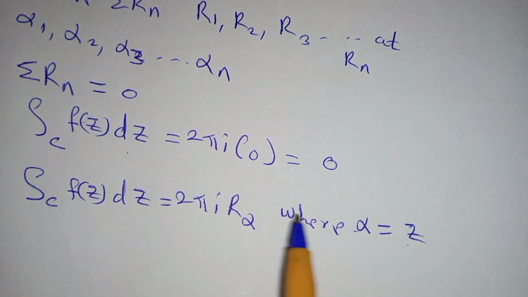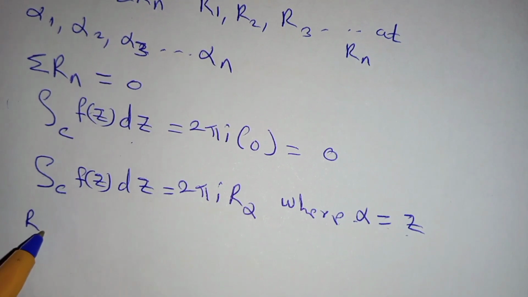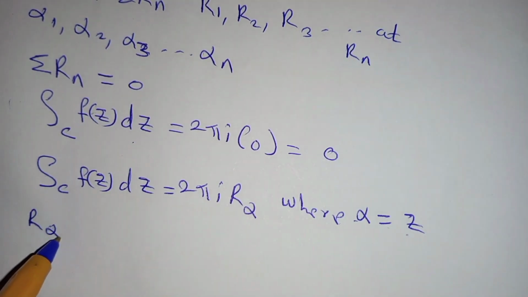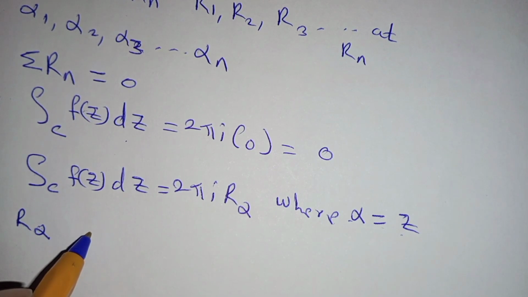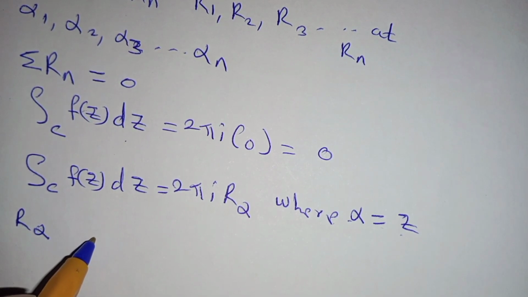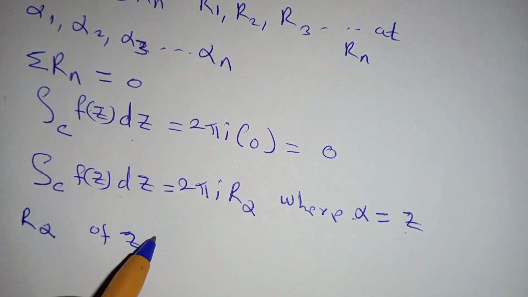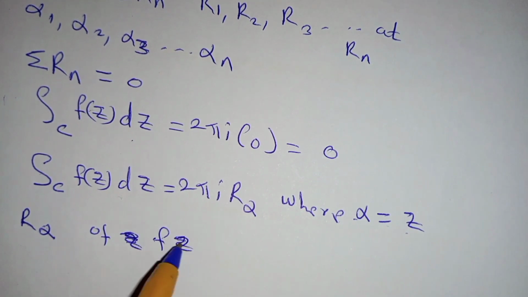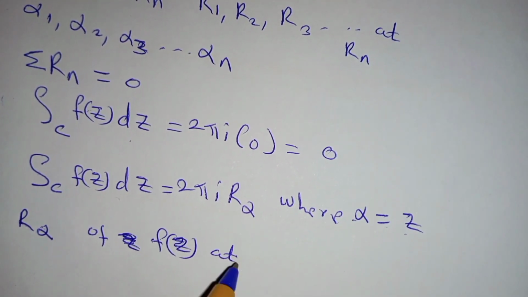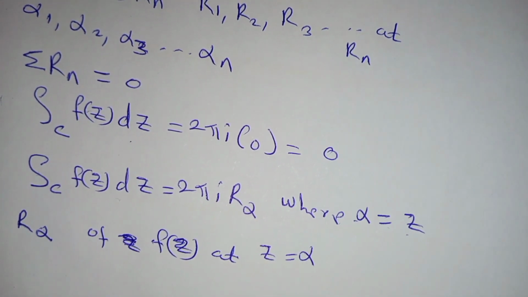So R alpha, this one, is the residue of f of z at z is equal to alpha.